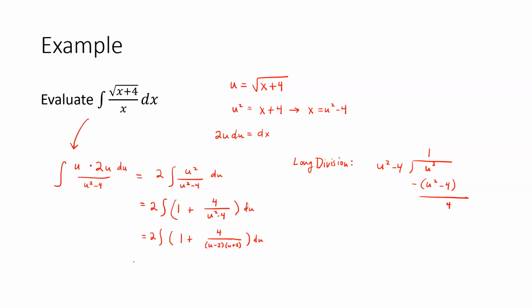So we'll do partial fractions. That'll be A over u minus 2 plus B over u plus 2. So here, let's do the partial fractions over here on the side.